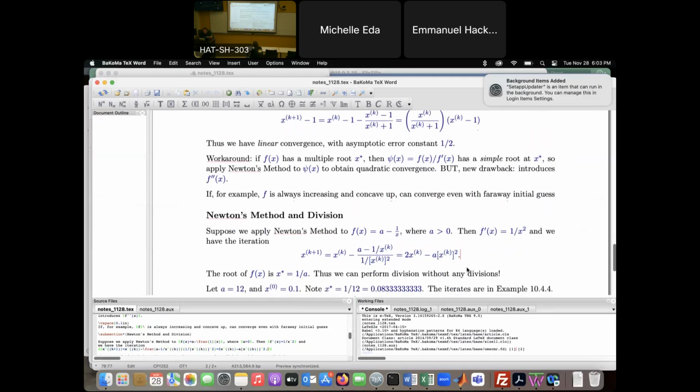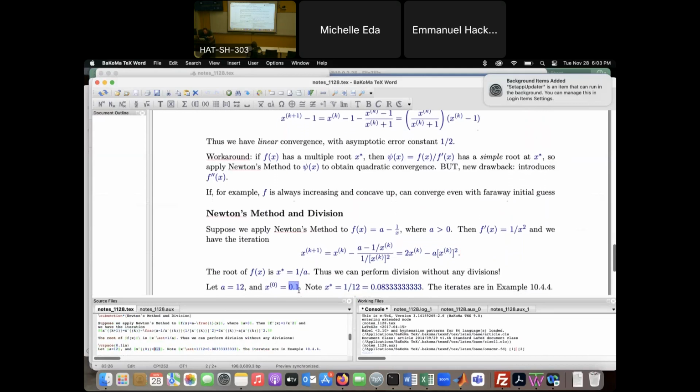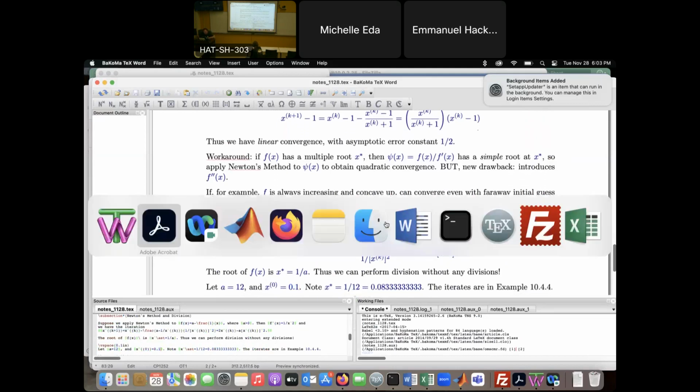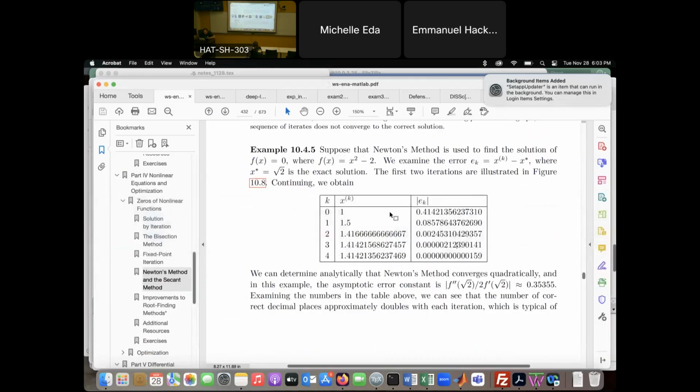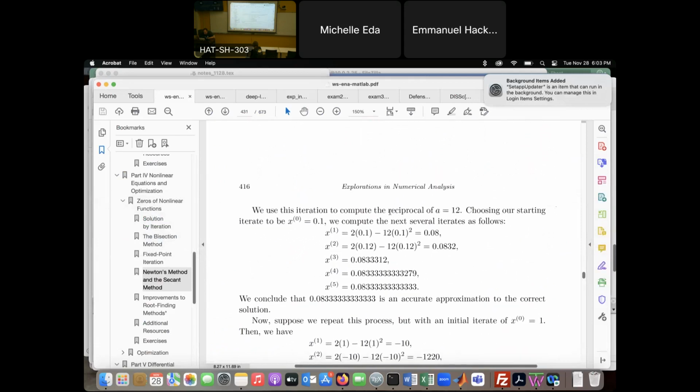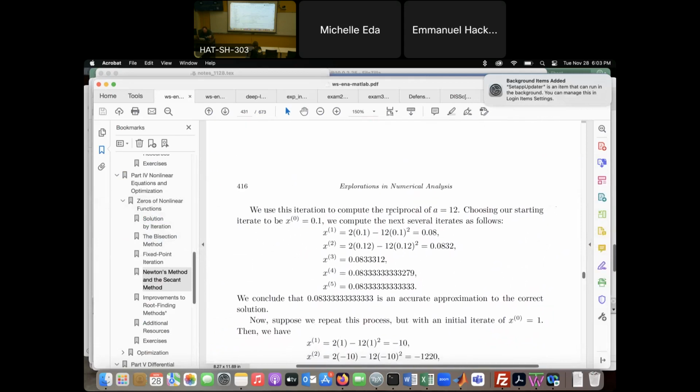Now here's an example. I let a equal 12, and then the exact root, 1/12, is 0.08 repeating. Suppose I choose an initial guess of 0.1. So I can show you what happens with the iterates. It's in the text. Yeah, here we are.